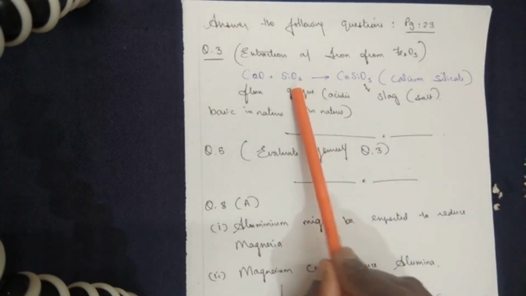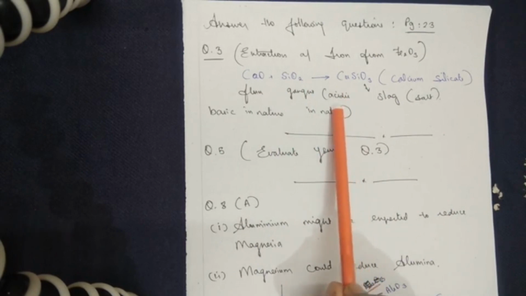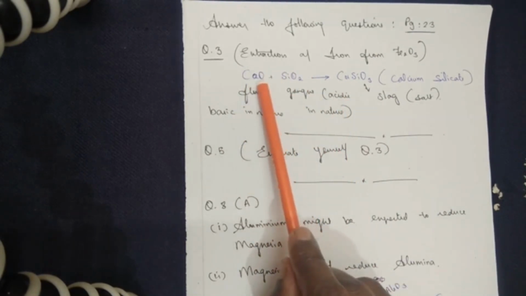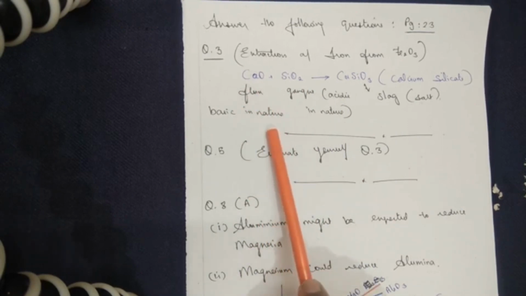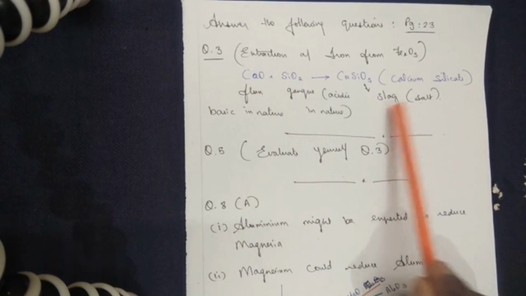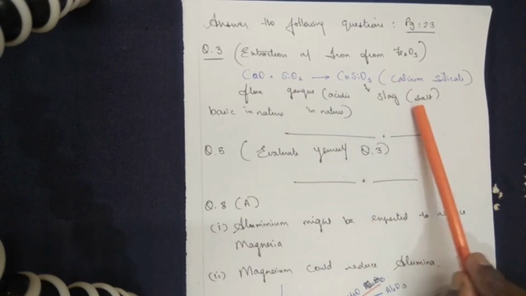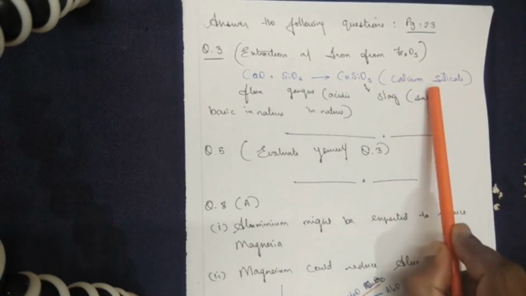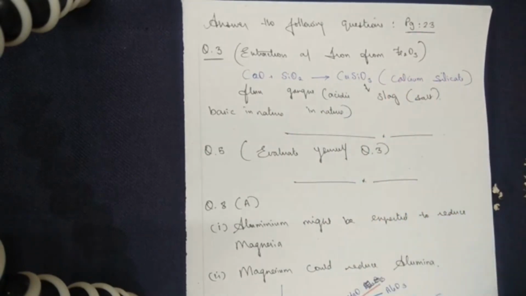So now silica, that's the gangue present here, is acidic in nature. I'm treating it with limestone, that's CaO, calcium oxide, which is basic in nature. So acid plus base together work to give me a slag, that's a waste product, it's salt formation. Now in this case, the name of the waste product is calcium silicate.